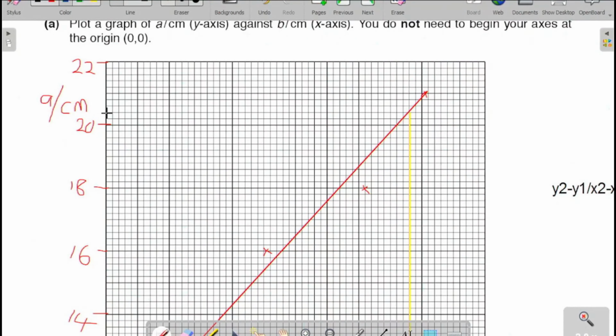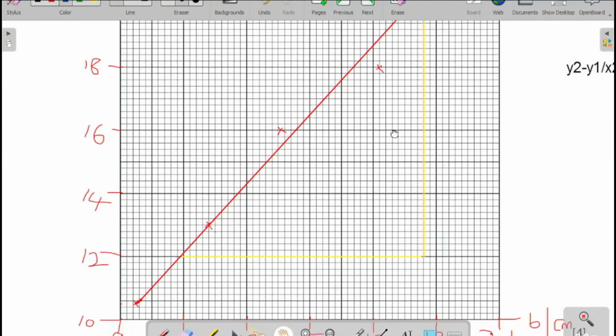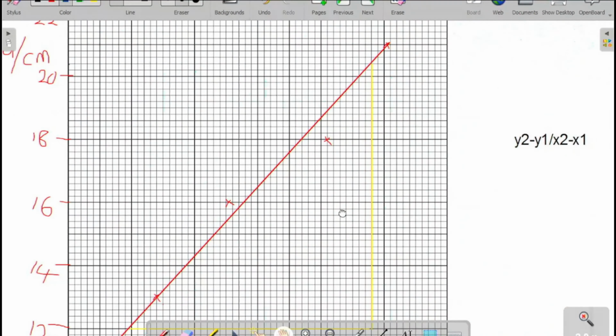Let me make it bigger. So it's going to give me 20.4, and this one will give me 12. So what I have is 20.4 minus 12, divided by, let me see the second one.